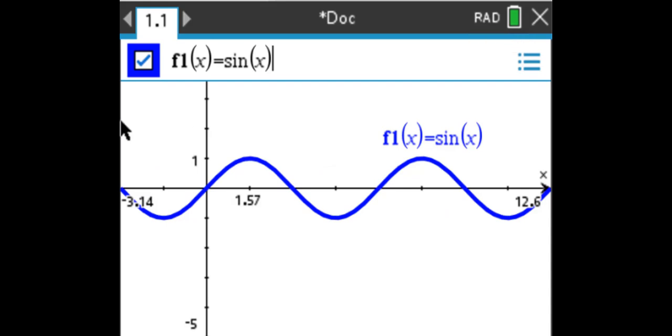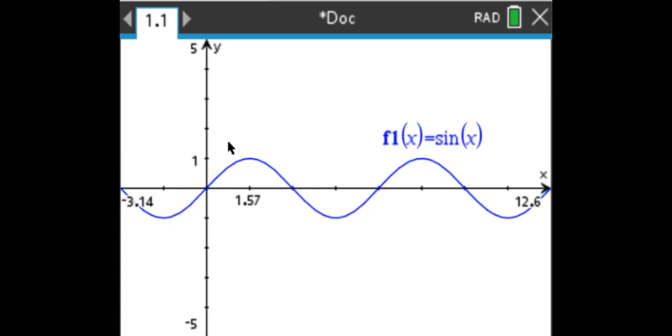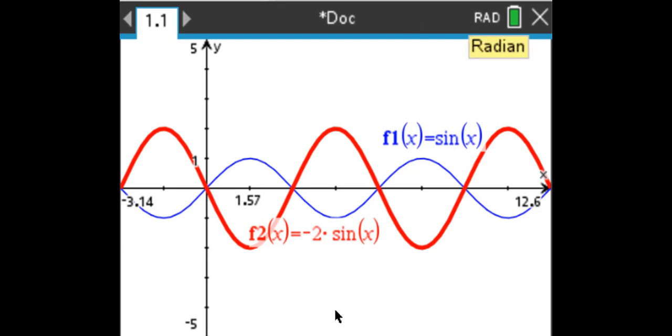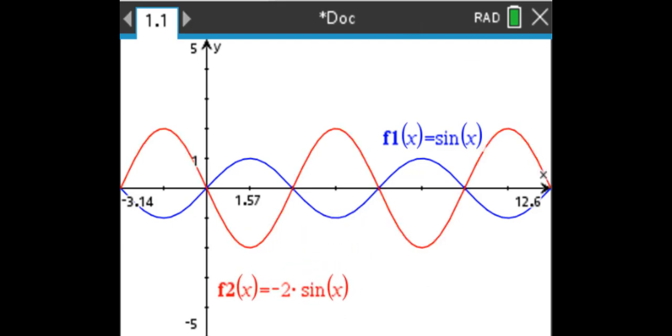Another thing to note is that the number in front is always our amplitude, and the negative doesn't impact that. The negative is the reflection, the number is our amplitude. So that negative is a reflection in the x-axis, and my amplitude is 2.